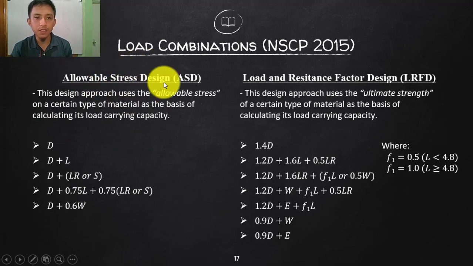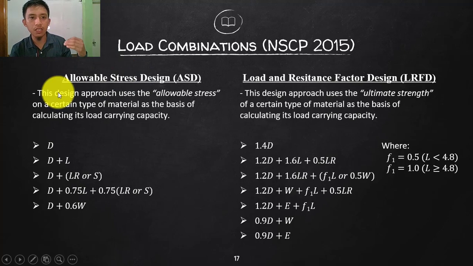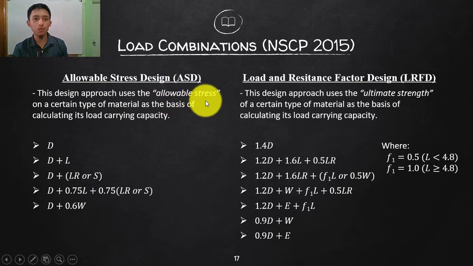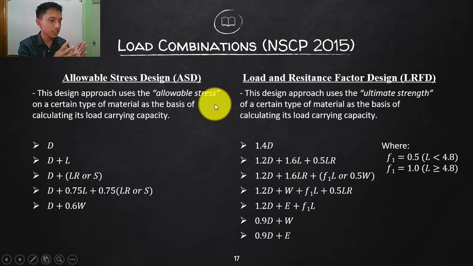So this approach of design is using the allowable stress. That's why it's called allowable stress design. Somehow this is related to the new approach, which is the allowable strength design. That will be discussed in your design subjects. So what we will be using here is the allowable stress. For example, this is a material.